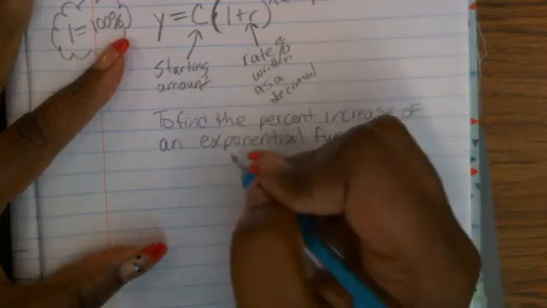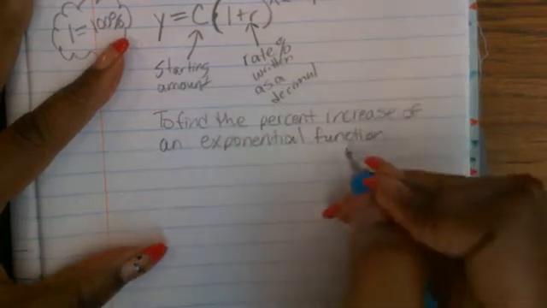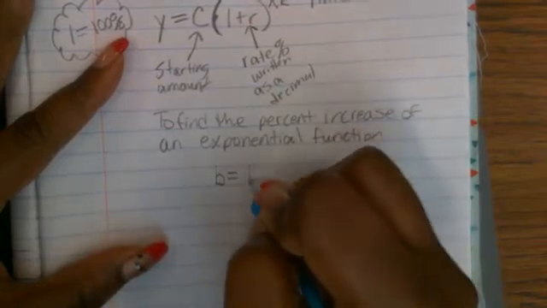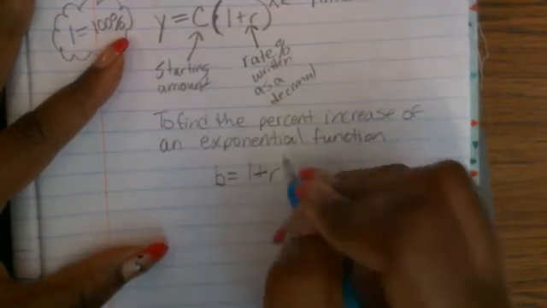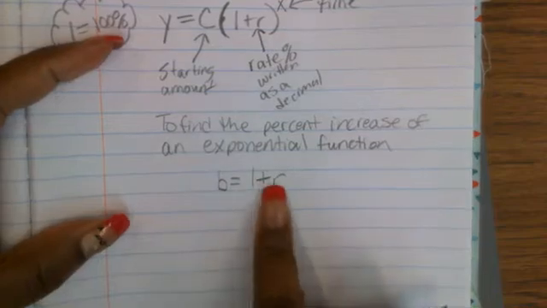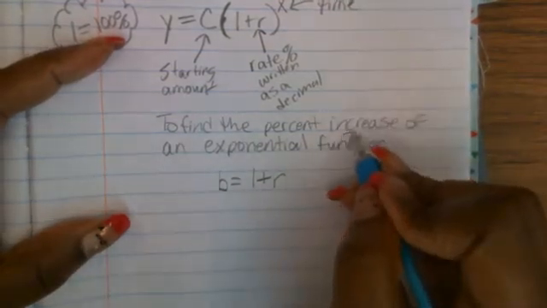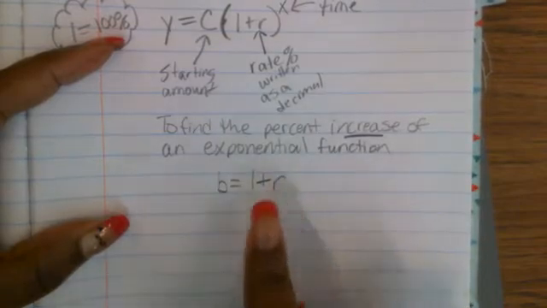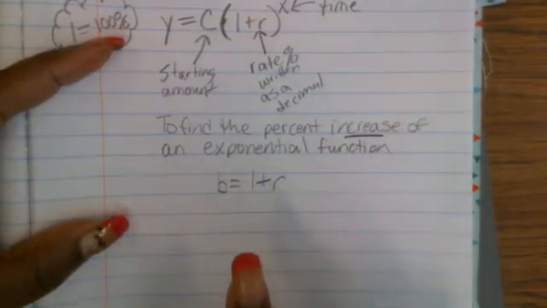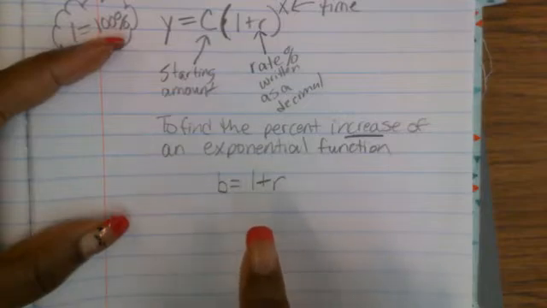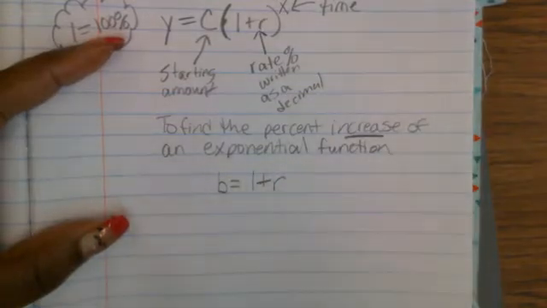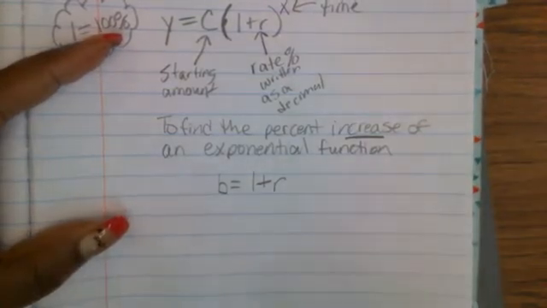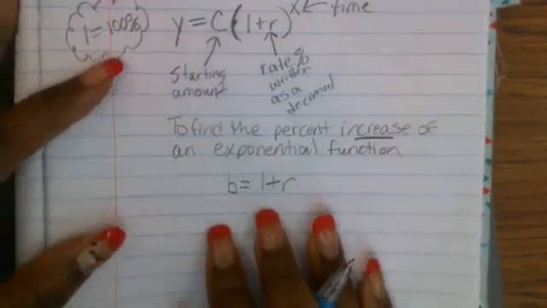We have to use this formula. B is equal to 1 plus R. Okay, and it's 1 plus R because it's percent increase. So we can't just use the number in the parentheses and choose that as the answer. That's always going to be an answer down there because they figure that's what you're going to do. Please don't do that.